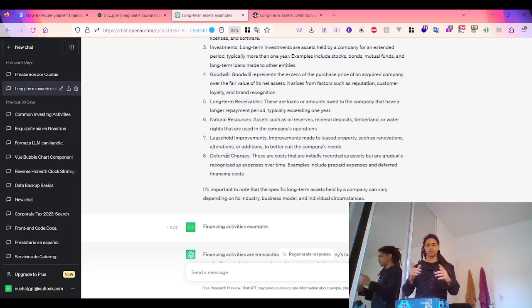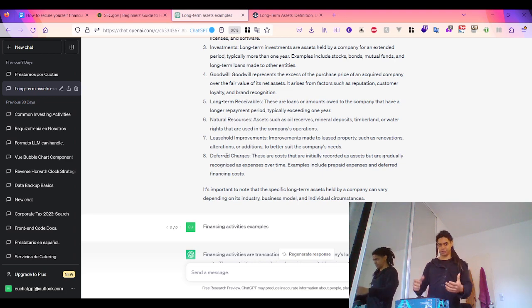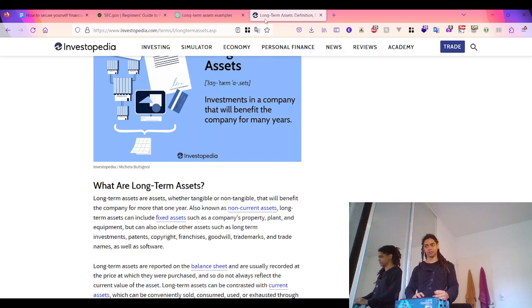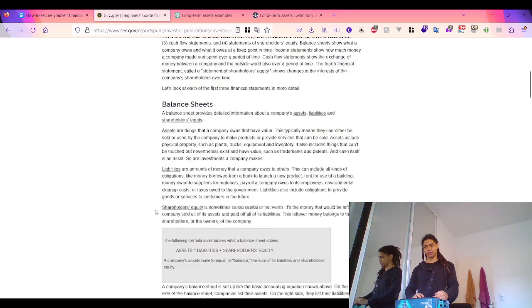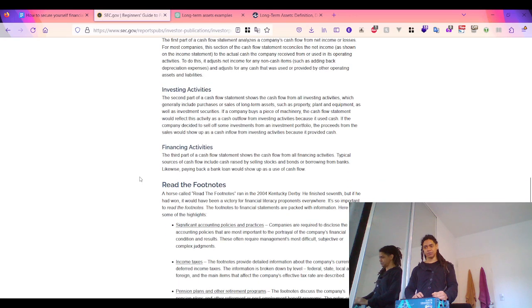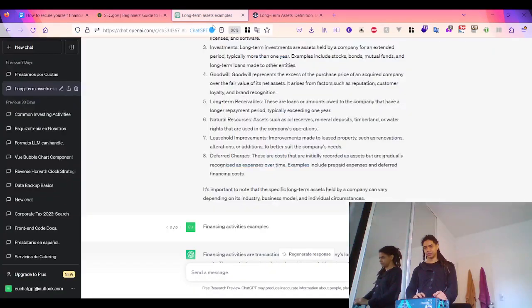And the other is the financing activities, the third part of the cash flow statement, which reviews the cash flow from financing activities.